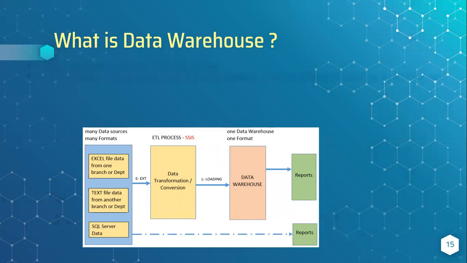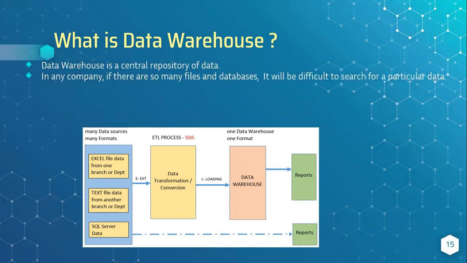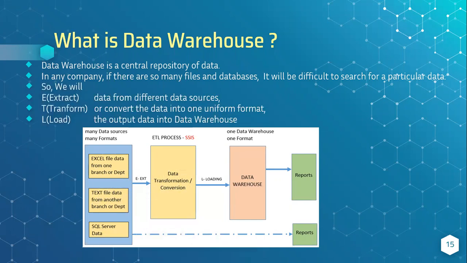Next, what is a data warehouse? A data warehouse is a central repository of data. In any company, if there are so many files and databases, it will be very difficult to search for particular data. So we will extract data from different data sources.